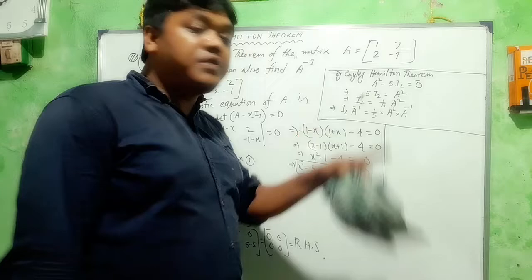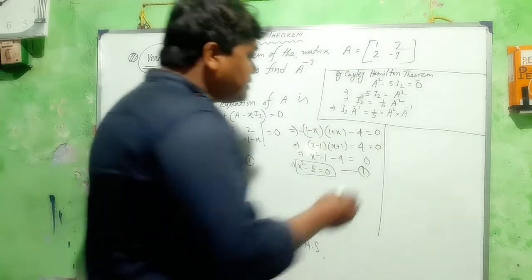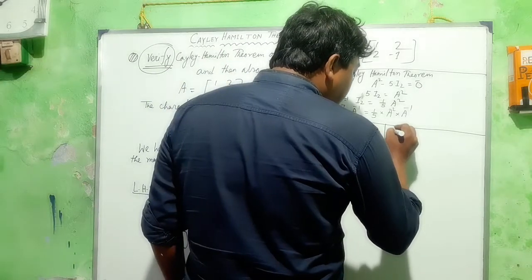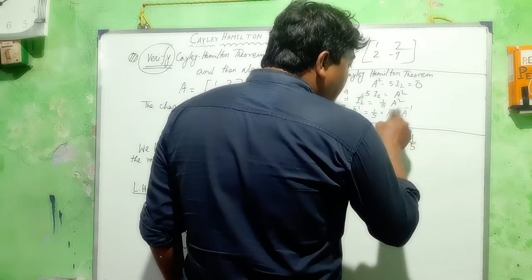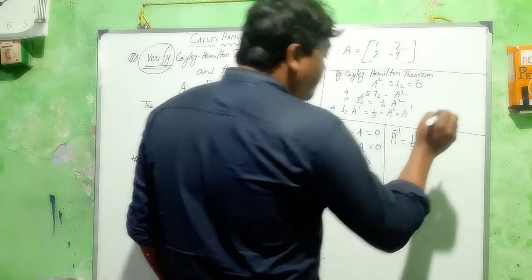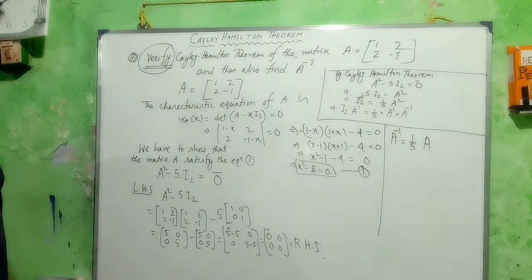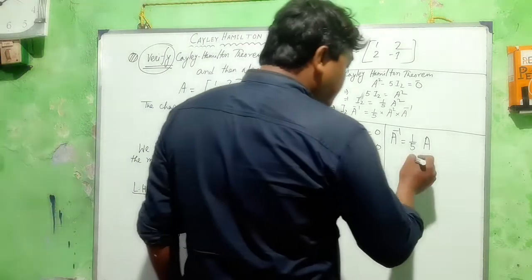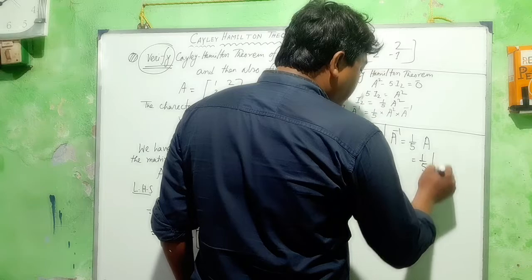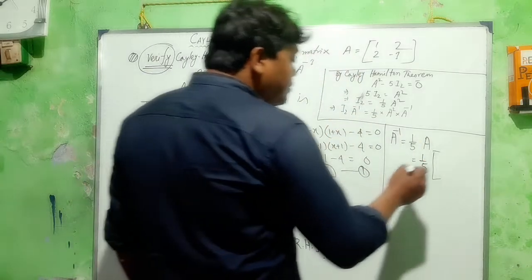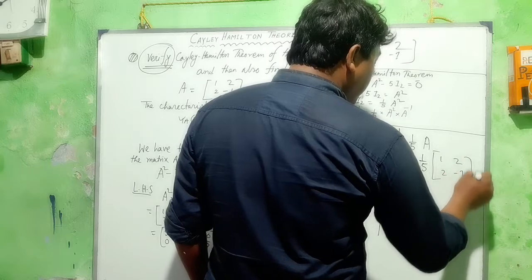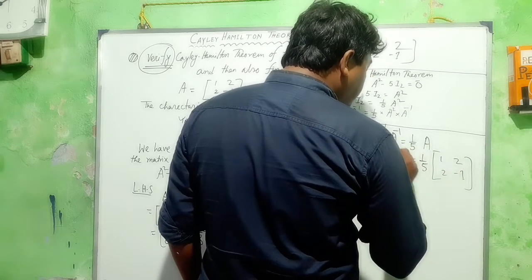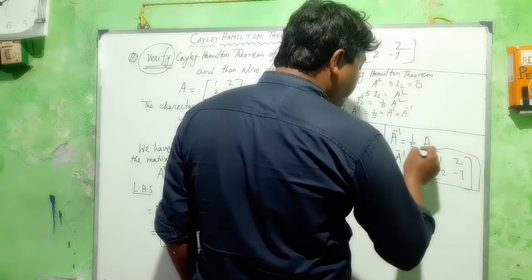So I2 into A inverse gives A inverse, and 1 by 5 into A square into A inverse gives A. So we know A, so we can easily say A inverse. So 5 A inverse is given to you, that is 1 2 2 minus 1. That is the inverse of the matrix by using Cayley Hamilton theorem.